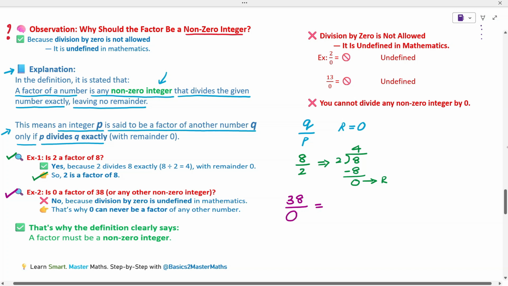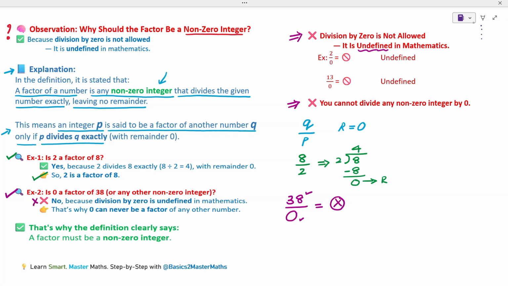Observe here, division by 0 is not allowed or is undefined in mathematics. Meaning that you cannot divide any non-zero integer by 0. Got it?